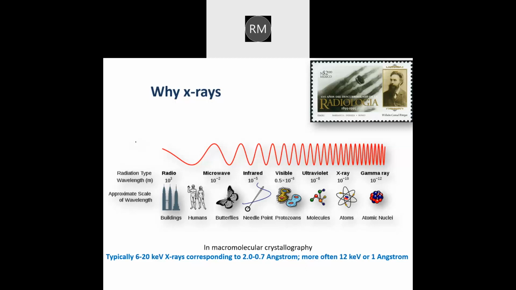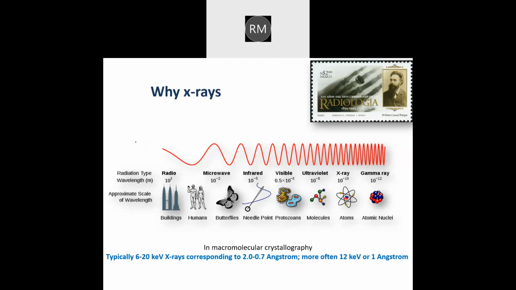You might use them for irradiation purposes, but they are not good for probing structures. X-rays fall in the perfect energy level or wavelength range so that they can be used for structural studies of molecules at the molecular level.